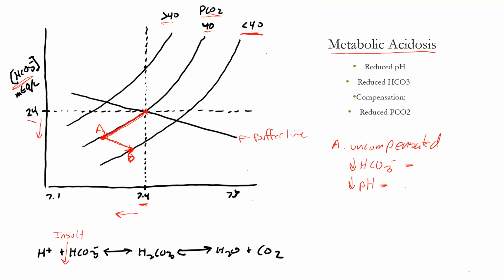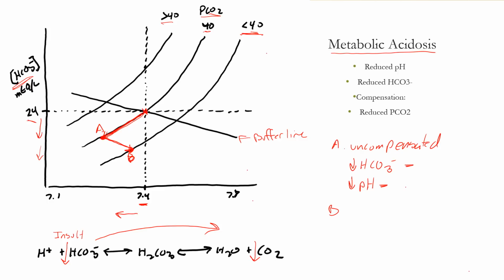What that means is that I'm actually hyperventilating. So I'm going to start to blow off that extra CO2. When I blow off that extra CO2, that's going to cause a further shift of this equation in this direction. That's also why you see the bicarb drops a little bit further, down to point B. And my PCO2 is low because I'm hyperventilating.